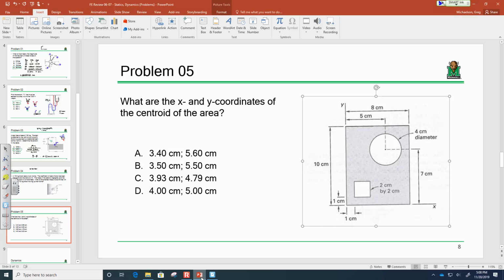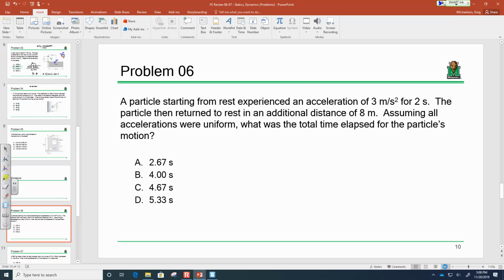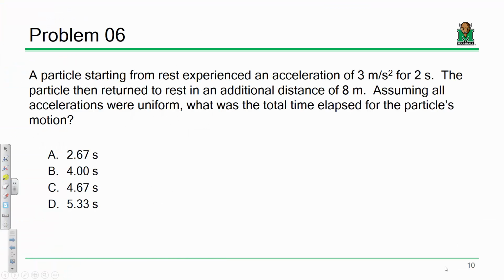I'm going to do some very, very basic dynamics problems. Let me be crystal clear. The dynamics that you get on the exam is just that, basic. You're civil engineers. Generally, our stuff doesn't move.